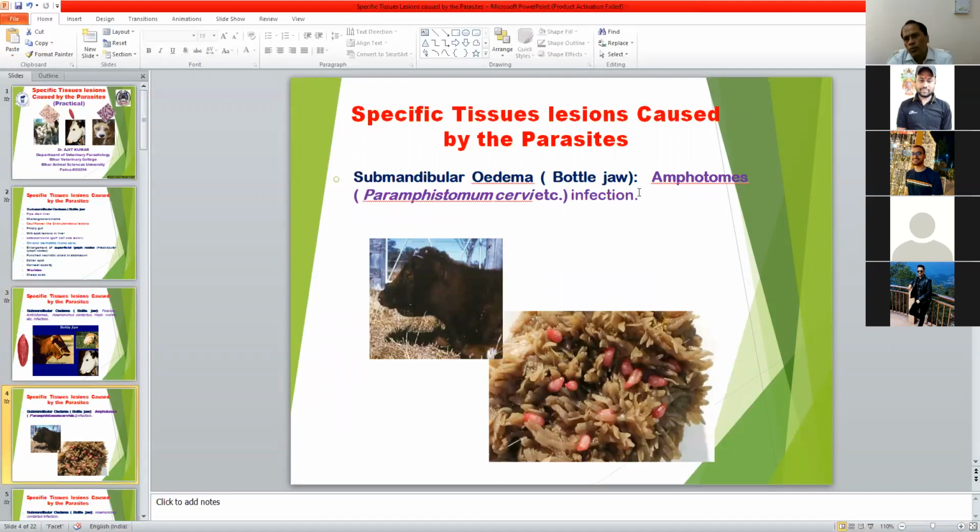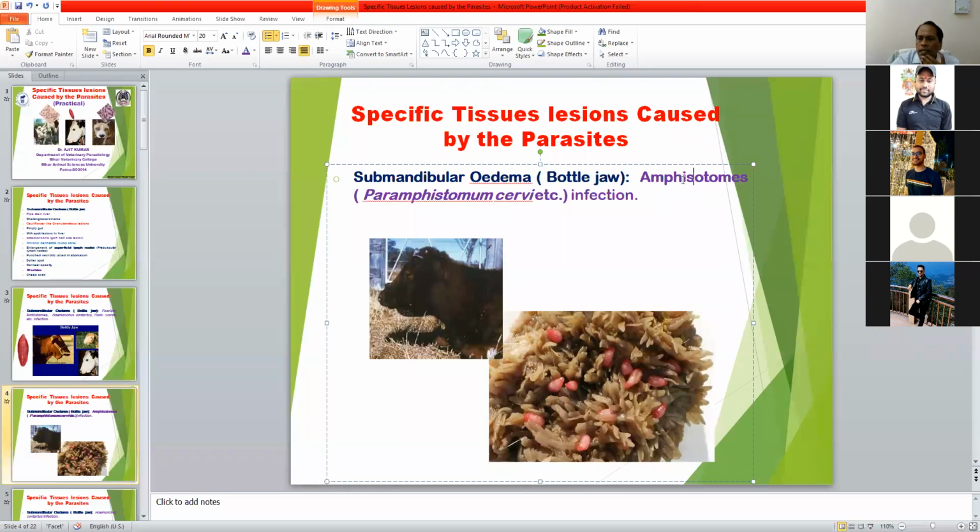Then submandibular edema due to the amphistome. Amphistome is a group of parasites. बहुत सारे पैरासाइट है जिसको हम एम्फियोस्टोम में रखते हैं. One of the important amphistomes is Paramphistomum cervi. It is commonly found in cattle, buffalo, sheep and goat, commonly known as stomach fluke or rumen fluke, because its predilection site inside the host is the rumen and reticulum.